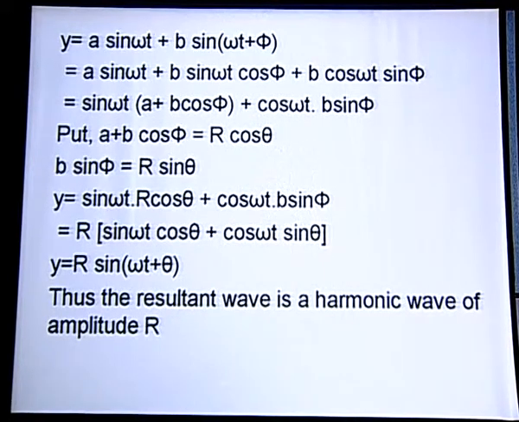Now collect all the terms that contain sin omega t, and then all the terms which have cos omega t. So I have taken sin omega t out: a is left here, b cos phi is left, and here cos omega t times b sin phi.